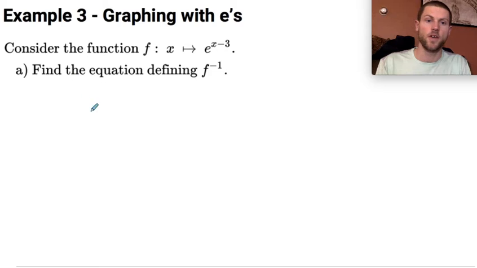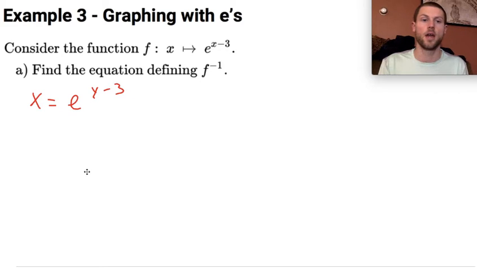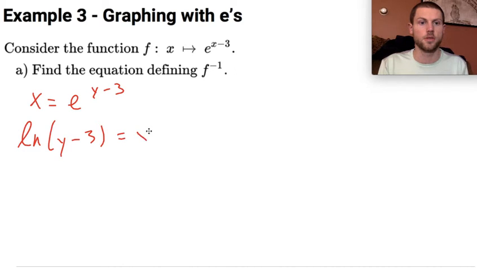But first, let's find the equation defining the inverse. If I think of this as x equals e to the y minus 3, that's where I'd start off, and I'd solve for y. I've got this exponential by itself, it's isolated, so I'm ready to convert to logs, and I'm going to use the natural log since that has a base of e. So the natural log of y minus 3 equals x.